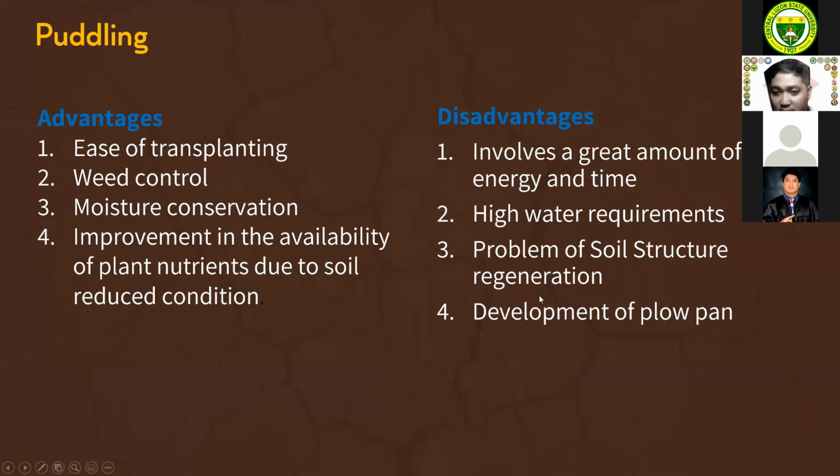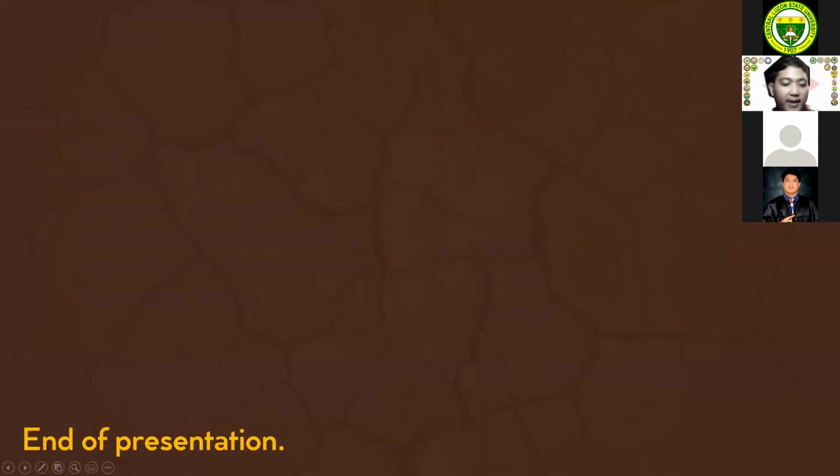So once kasi na nagpuddling ka, masisira na yung structure ng soil. So the structure regeneration is very problematic in terms of puddling. Then development of plow pan or yung hard pan natin na tinatawag. So that's the end of soil structure.